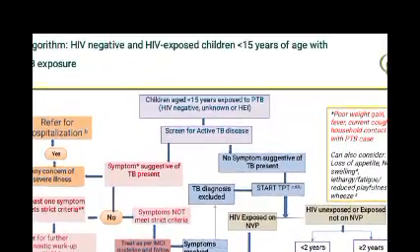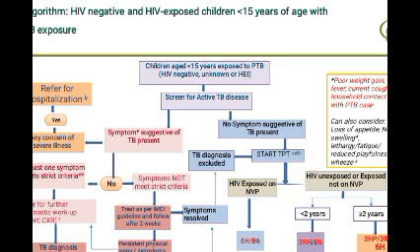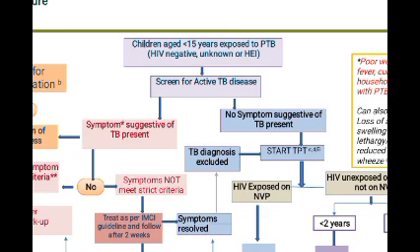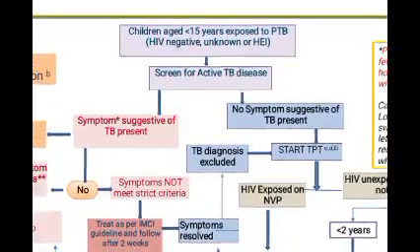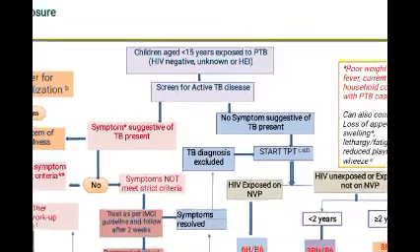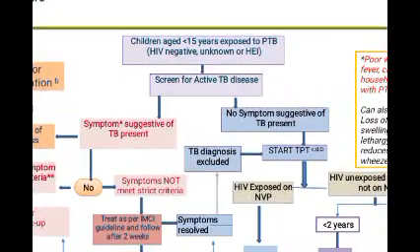Algorithm for HIV negative and HIV exposed children less than 15 years of age with TB exposure. Children aged less than 15 years exposed to pulmonary TB, HIV negative, unknown or HEI. Screen for active TB disease. On the left side, symptoms suggestive of TB present.